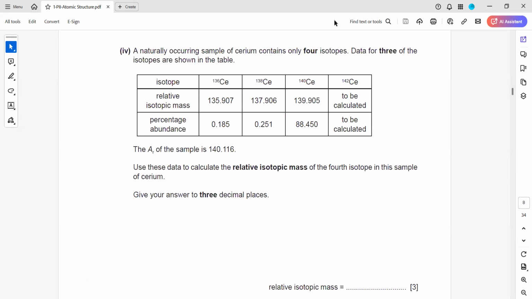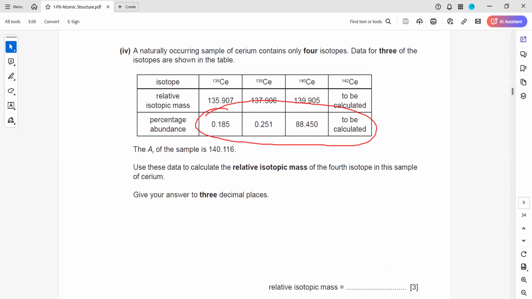Look, how do we get the percentage abundance? The total sum of all the isotopes should be 100. So if we add, for example, 0.185 plus 0.251 plus 88.45, and then subtract from 100, we get 11.114.